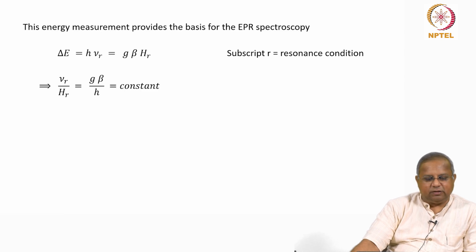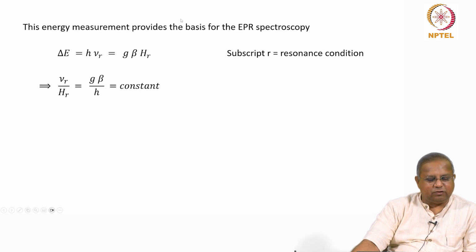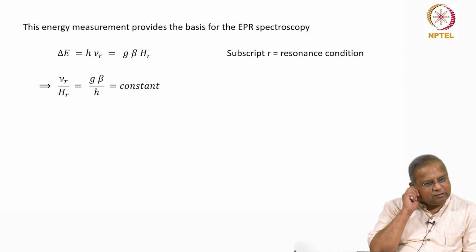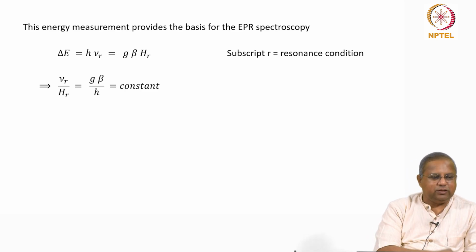G, as you know, is the electron splitting constant. Therefore, that's a universal constant. Beta is a constant, right? And Planck's constant. So these are all constants, and therefore the ratio of nu_r by H_r happens to be a constant.